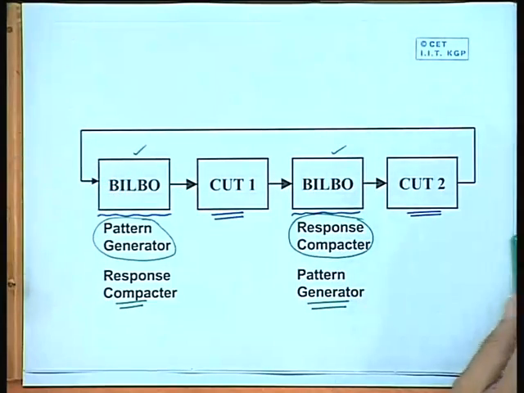Of course, we need a test controller which will be generating the control signals and the necessary sequencing: first, the first BILBO should be generating patterns and this should be compacting. In the second step, the second one should be generating patterns and the first one should be compacting. These things should be controlled by a separate small test controller which should also be inside the chip.